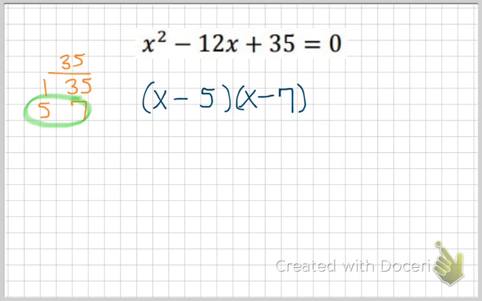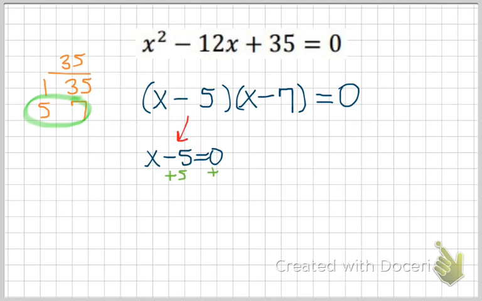Now this equation is equal to 0. So once we find our two factors, we can go ahead and set each linear factor equal to 0. That way, we can solve for x.